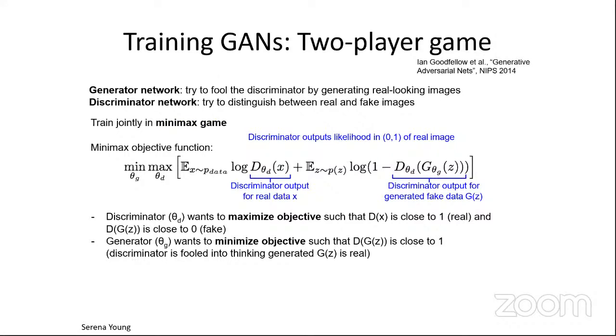So the discriminator tries to maximize the first term. Also, the discriminator tries to catch the fake images generated by the generator by assigning G of Z a very small score. That means D of G of Z should be very small. That means 1 minus D of G of Z should be large. So from the discriminator's perspective, both of these terms must be maximized. So it's a maximization problem.